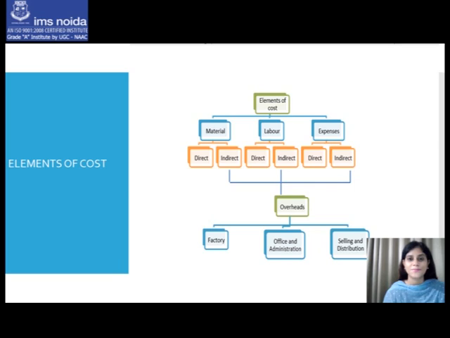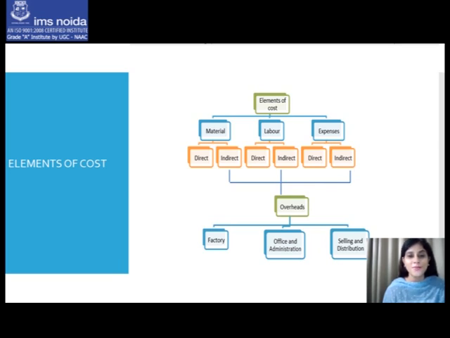Indirect materials are those materials which do not normally form a part of the finished product. It has been defined as materials which cannot be allocated but which can be apportioned to or absorbed by cost centers or cost units.